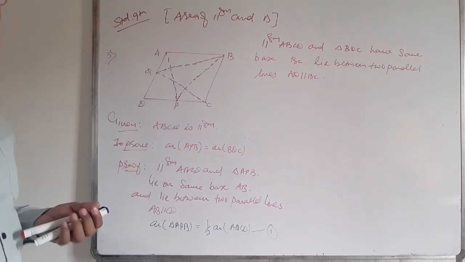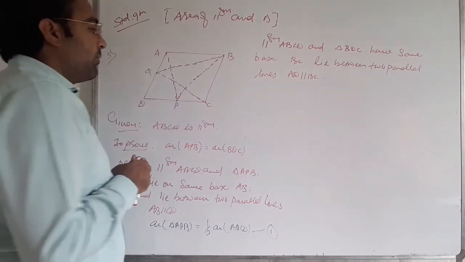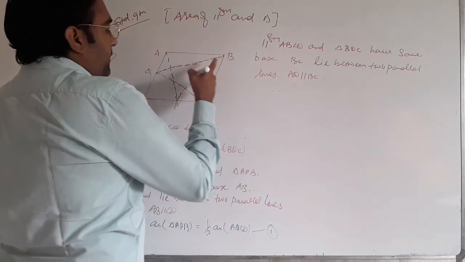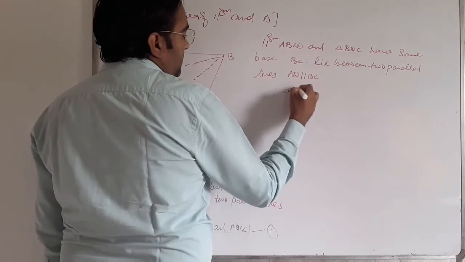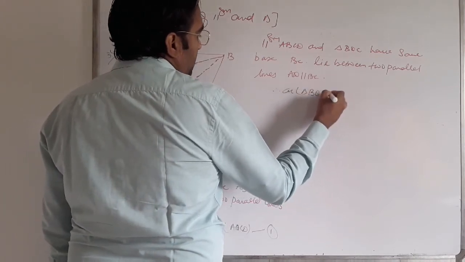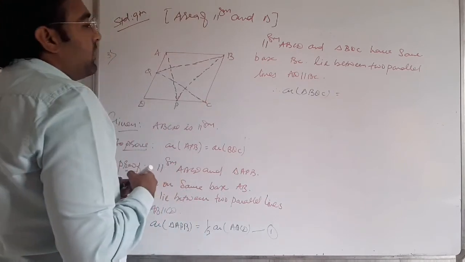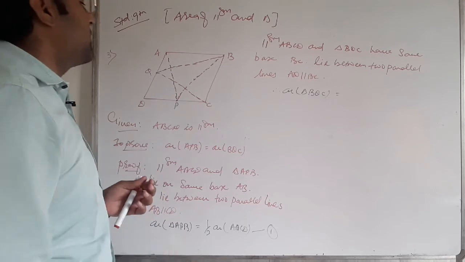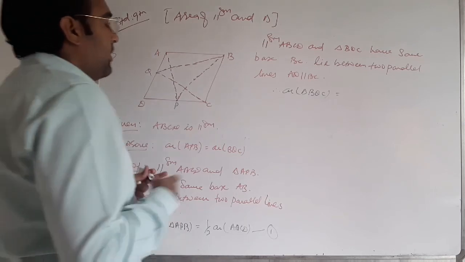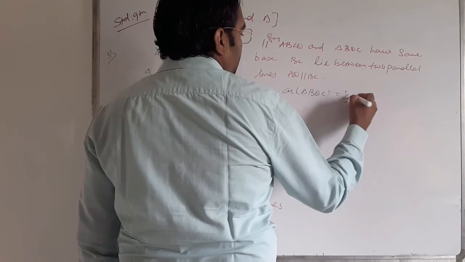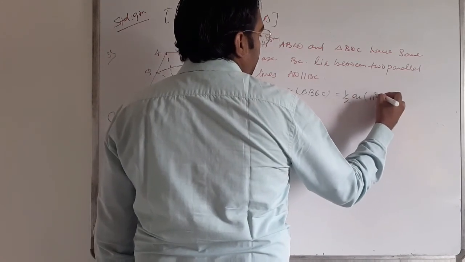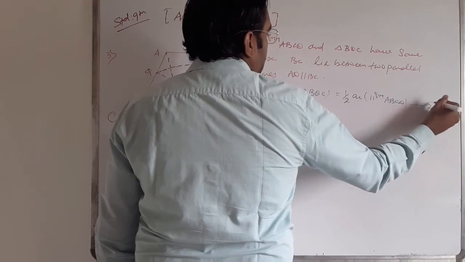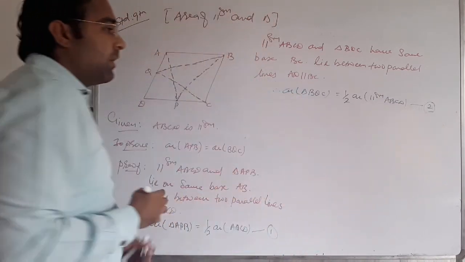So therefore we also say that area of triangle BQC is equal to half of area of parallelogram ABCD. This is equation 2, okay.